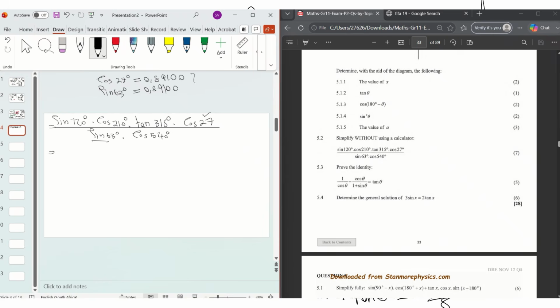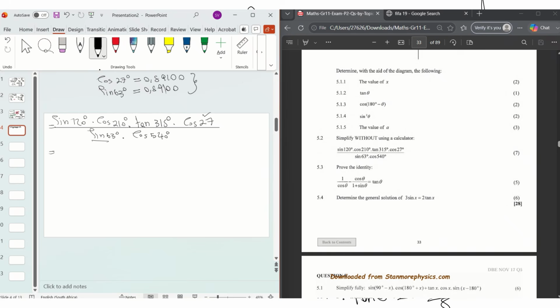As you can see, guys, these two angles are the same in magnitude, unless you are required to change them and make them the same so that you could cancel them out. What I mean by that is we can maybe change cos 27 into sine 63, or change sine 63 into cos 27.